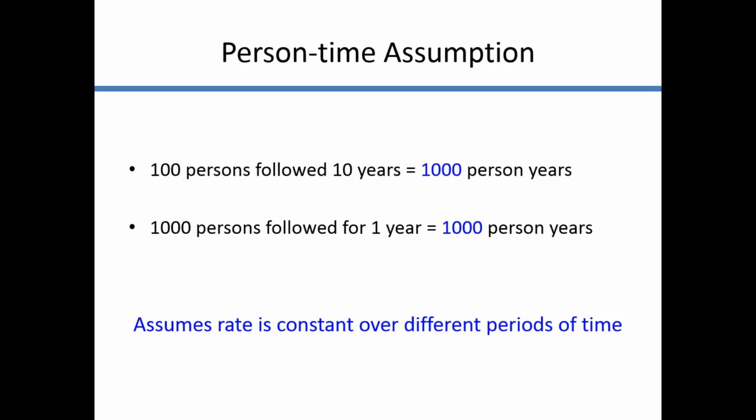So 100 persons followed for 10 years is 1,000 person years. Also, 1,000 persons followed for 1 year is 1,000 person years. That illustrates the point that this calculation assumes the rate is constant over different periods of time. If the rate is not constant, then these are not equivalent.